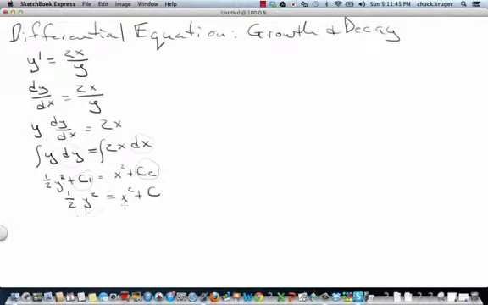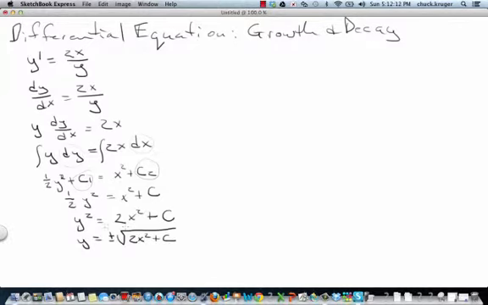Now I'm going to multiply both sides by 2, and I'm going to get y squared equals 2x squared plus, now I'm multiplying 2, which is a constant, times c, which is a constant, and it's going to give me a constant. And my last step is to take the square root of both sides, and so I'm going to have plus or minus the square root of 2x squared plus c.